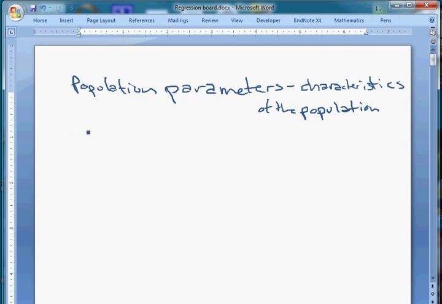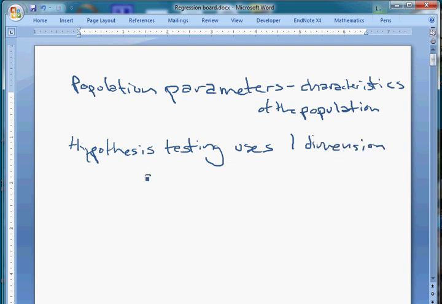The problem with hypothesis testing is that for a while we've been using very little data. Hypothesis testing essentially uses one dimension. If we care about nurses' salaries, what we looked at was just nurses' salaries.